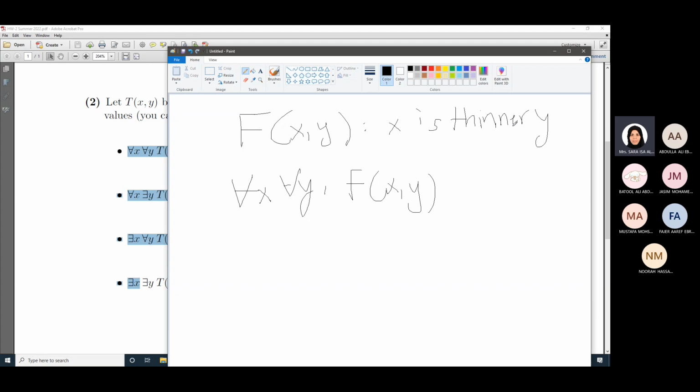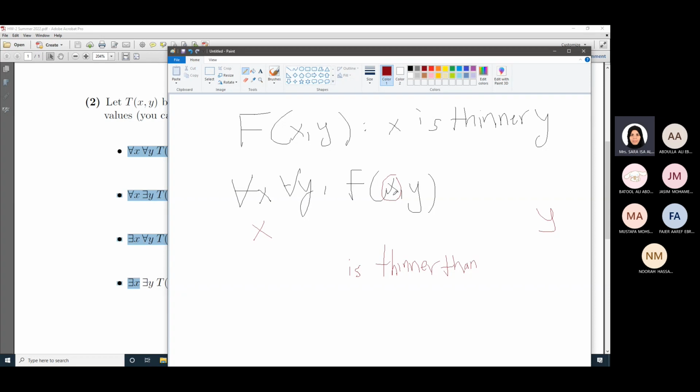The connector, as I said at the beginning, should be in the middle of the sentence. So here, thinner than will be in the middle of the sentence. Now, who is thinner than? X is thinner than Y.